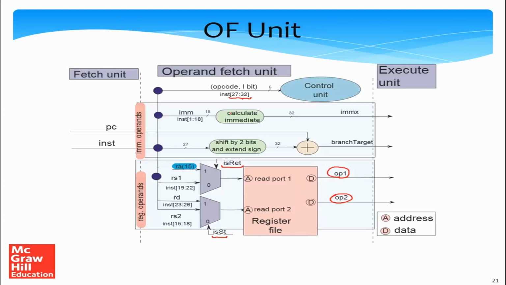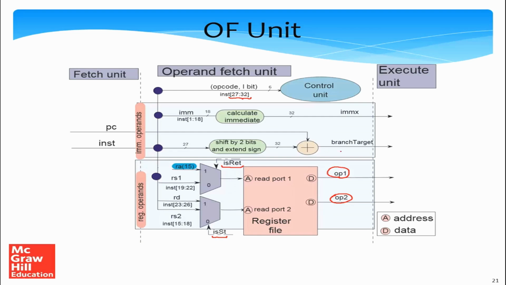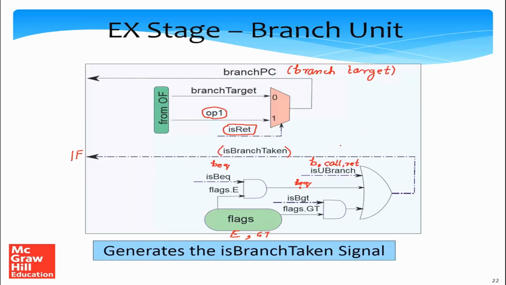If it's a return instruction, then OP1 is the contents of the return address register, which is the return address. So if it's a return instruction, we use the return address as the target. Otherwise, we use the branch target, which comes from the previous stage, the OF stage. We use the branch target, which is the PC plus the offset, as the branch PC or as the branch target.